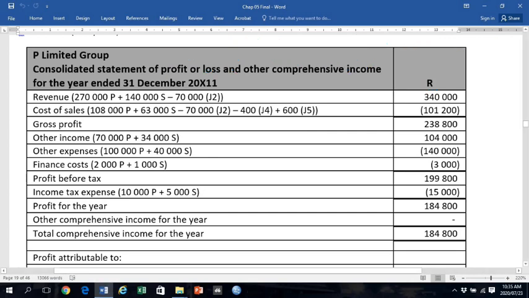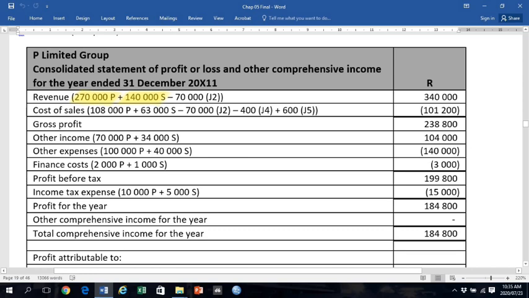The first line item is revenue. My starting point is 100% of P plus 100% of S from the respective trial balances given earlier. Included in the revenue of the parent is revenue from selling inventories to the subsidiary, which was intragroup. We wrote a consolidation journal entry, Journal 2, to eliminate this intragroup revenue.